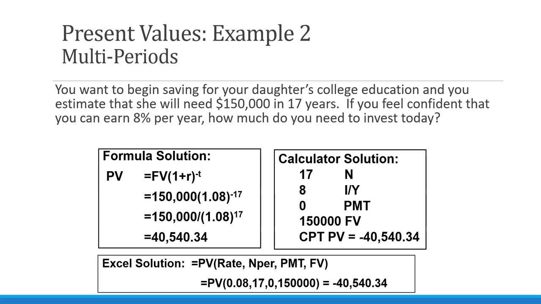Well, to have $150,000 in 17 years at 8% interest, today I need to invest $40,540.34. You can see this through 3 different ways to calculate this formula. So the future value, which is $150,000, divided by 1 plus the rate to the time.